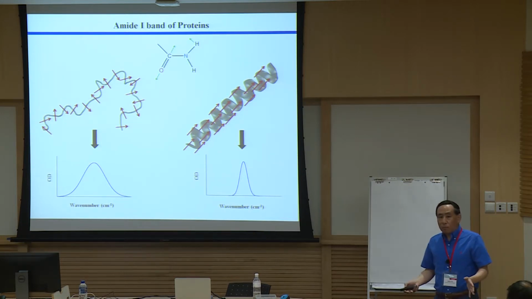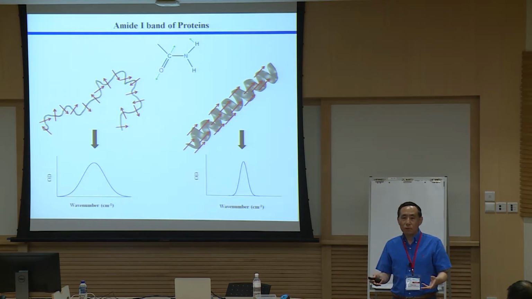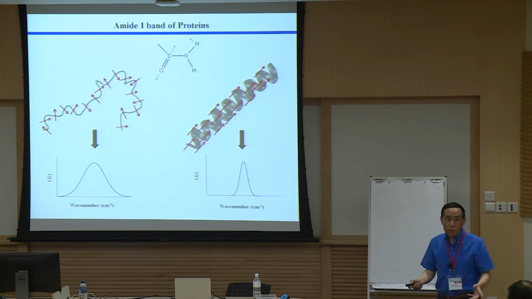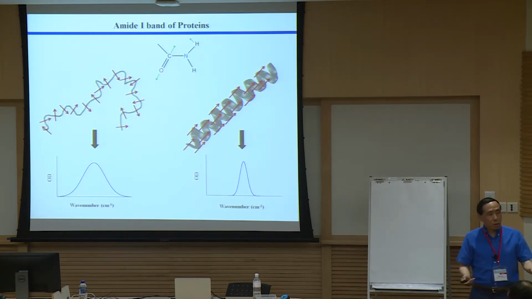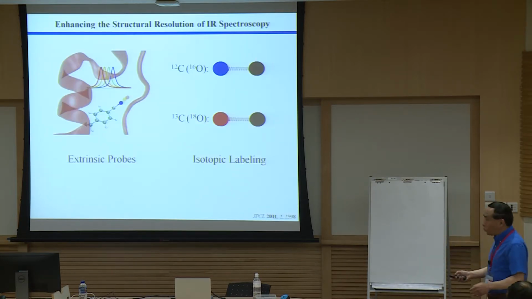So this is all good, but if you really want to see anything about the mechanism at a detailed structural level, this is not good enough. The reason is that you can obviously obtain a signal, but the question is how you would interpret it, because it possibly comes from all the amide units that are contributing to the signal. We don't have magic, nobody does.